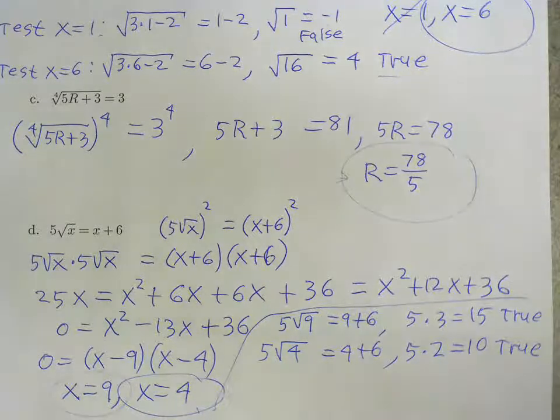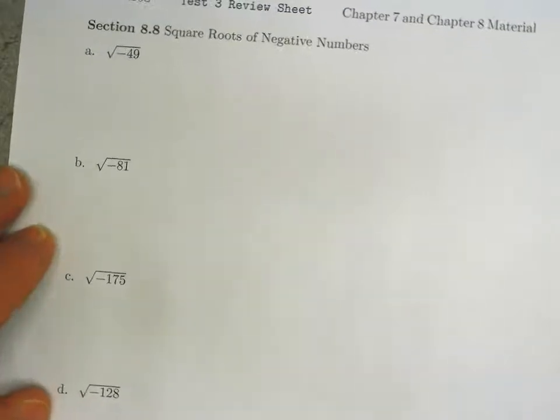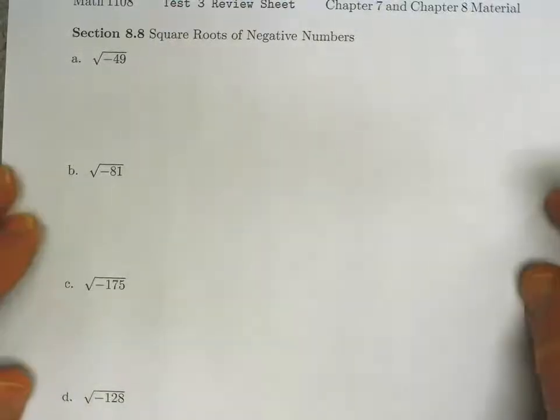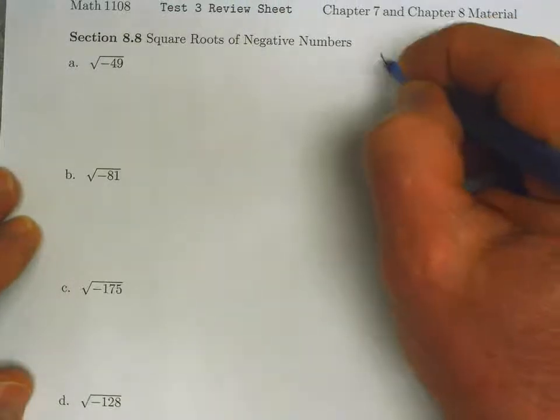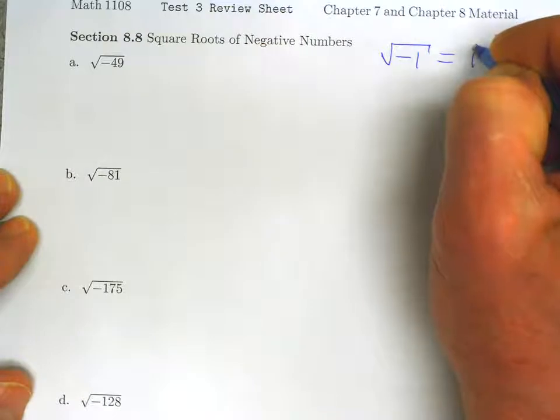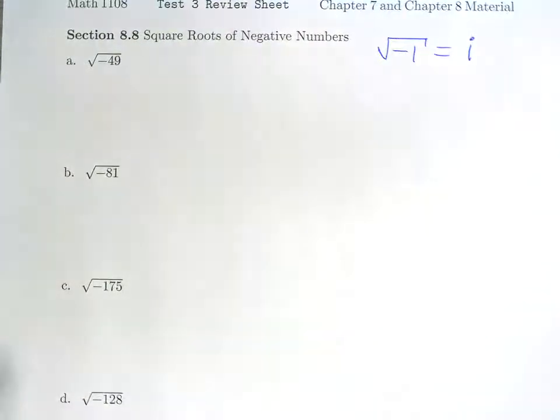Okay, we have a little over 3 minutes, but that's enough to talk about simplifying square roots of negative numbers. Hey, if you remember the definition of the square root of negative 1, we're just using the letter i to represent the square root of negative 1.